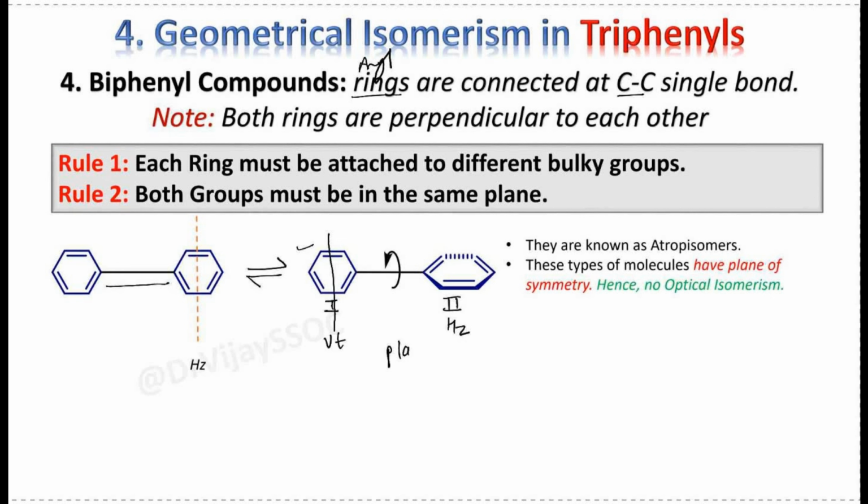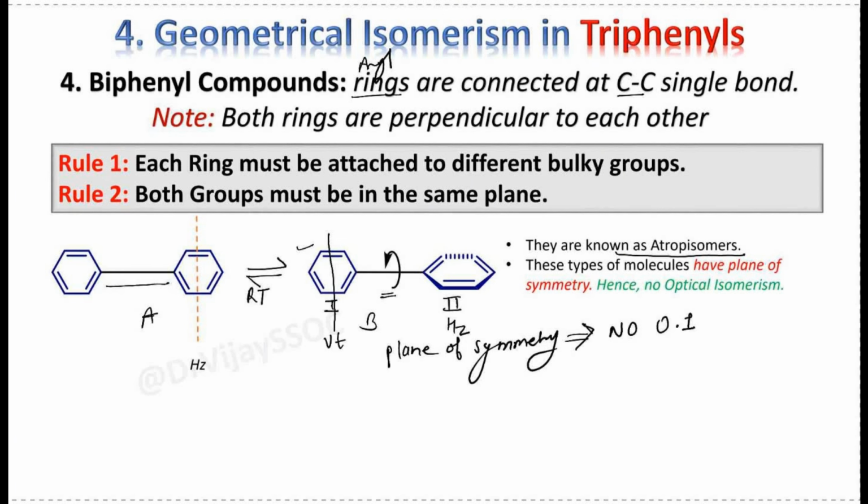Such molecules have a plane of symmetry, and when the molecule has a plane of symmetry, there will be no optical isomerism. Now we also have to understand that the energy barrier of rotation is very low, and therefore you can see this equilibrium at room temperature, and these two isomers, A and B, are known as atropisomers. These atropisomers are in equilibrium with each other.